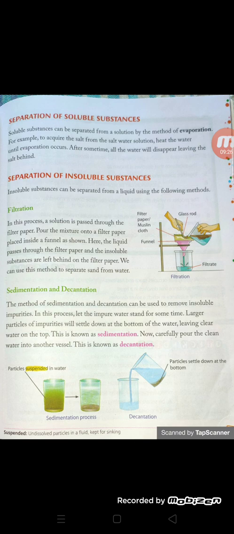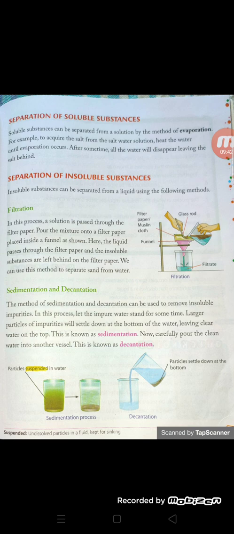After some time, we will see all the water will disappear. Then which thing will be left behind? The salt. So, this is the way of separation of soluble substances like salt and water.